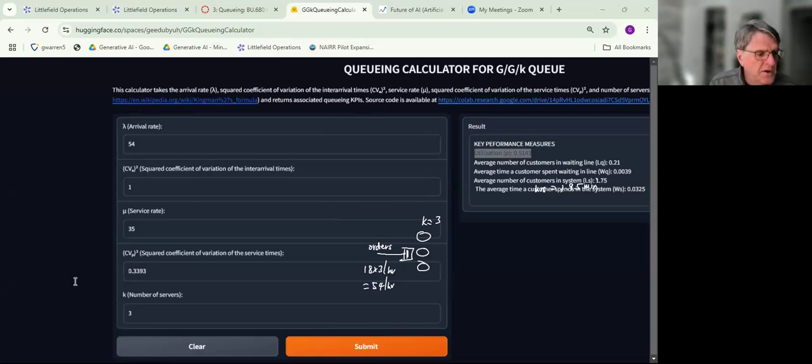To get that to go, I've currently got it set up for the pooled scenario because I've put all the orders together. There's 54 per hour coming in at that pooled order queue. 3 baristas are serving it. And instead of using the CV sub p squared for the basic training, I'm just going to switch that out to the advanced training, and I'll run this. All right, so now you can see I'm still at 51% utilization.